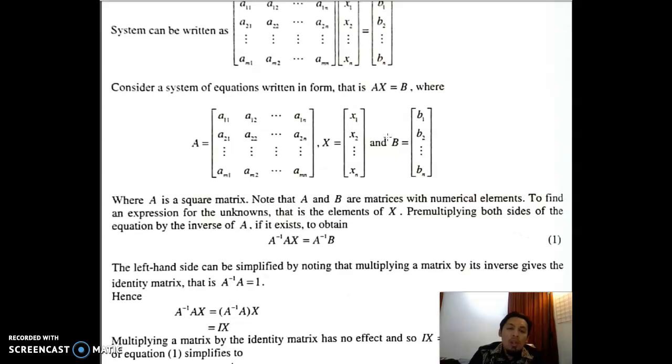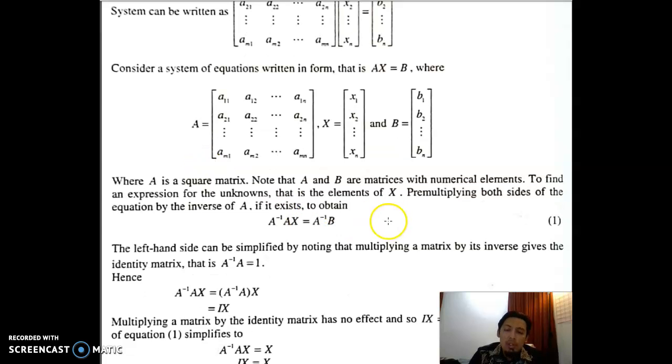So let's say that we try to multiply it with the inverse of A. What will happen is, A inverse times A. Based on our previous video, we know that A inverse times A itself will give us the identity matrix.